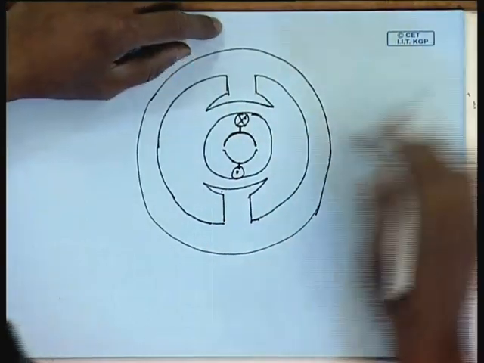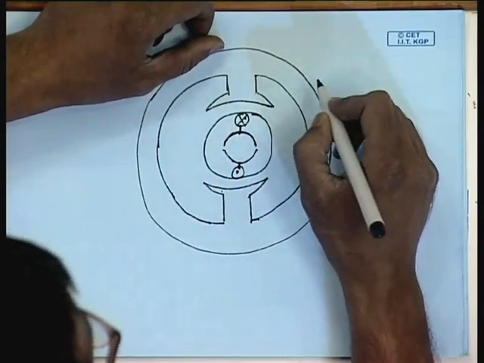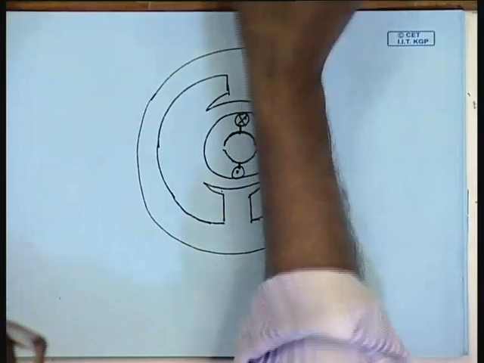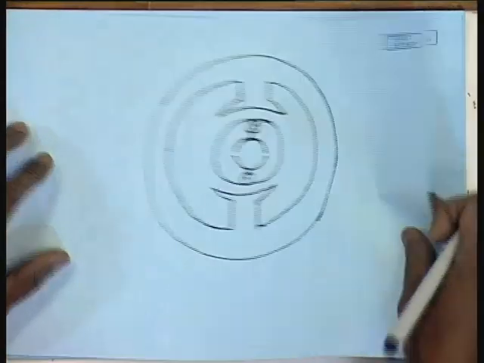Therefore, we have to place the brushes on this commutator so that when it is in the aligned position it should change.